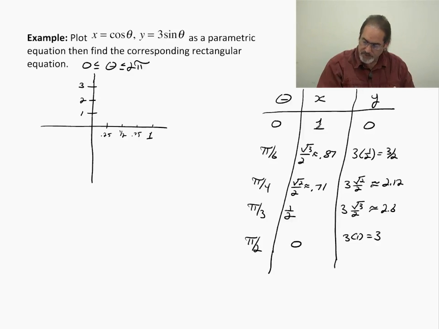So let's figure out what these points are. I'm going to have the coordinates (1, 0). That's right here. Of course, this is x, y. And then when x is 0.87, which is right in here someplace, y is 3/2. That's 1.5, so I'm going to be roughly here. It's going to come up like this.